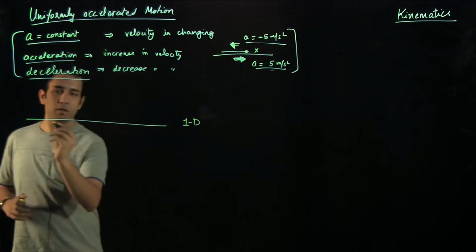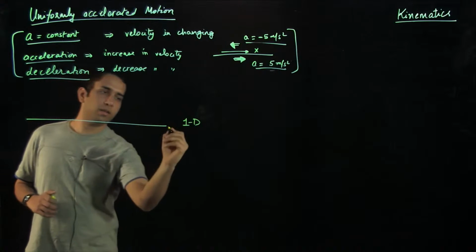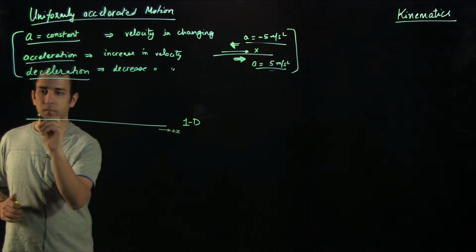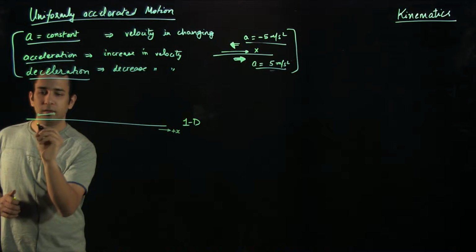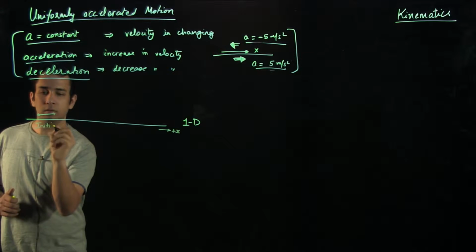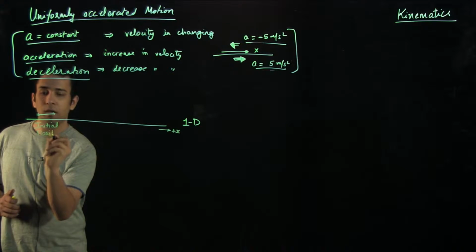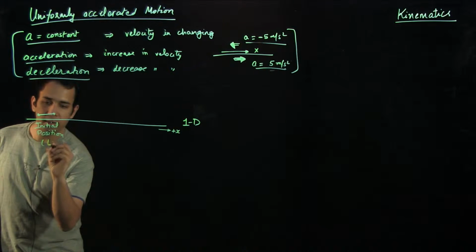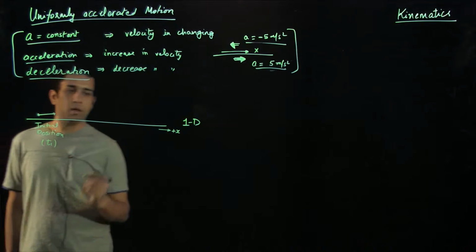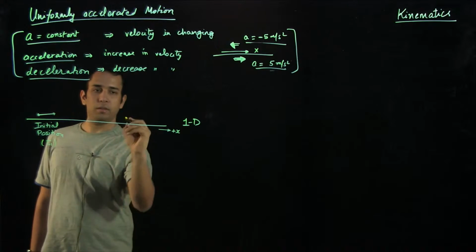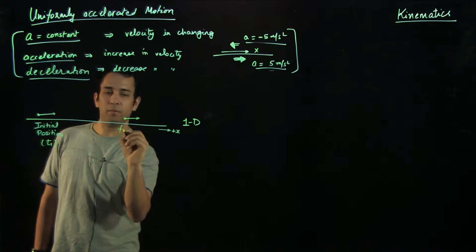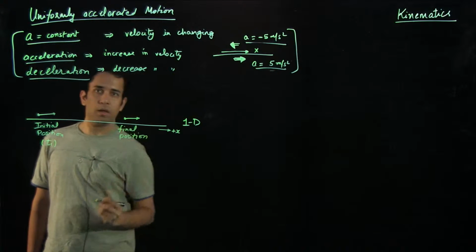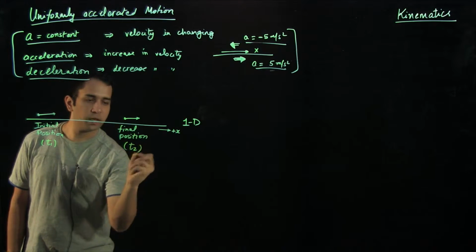So in 1D motion, if my particle is moving along this line, and this is plus x, and this is the initial position, and let's say the particle is at the initial position at time t1, and this is the final position, and the particle is at the final position at time t2.